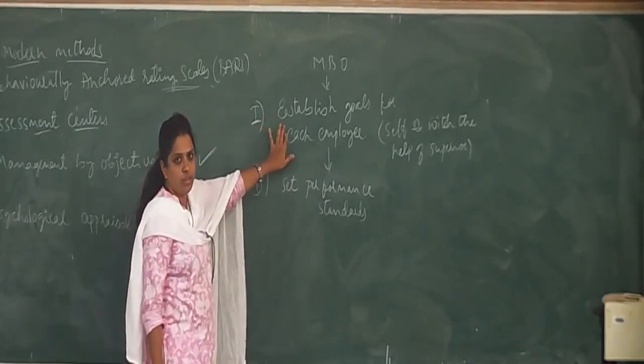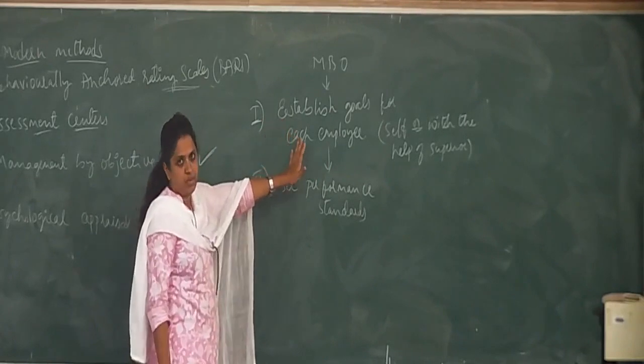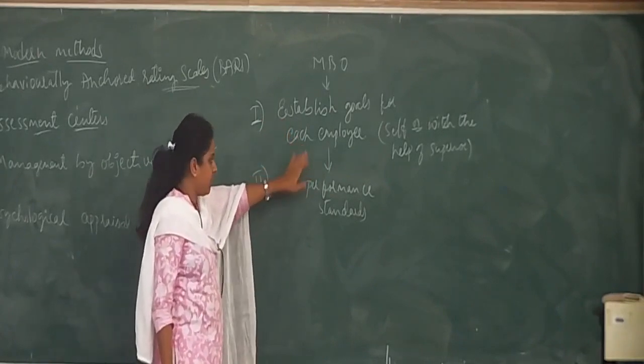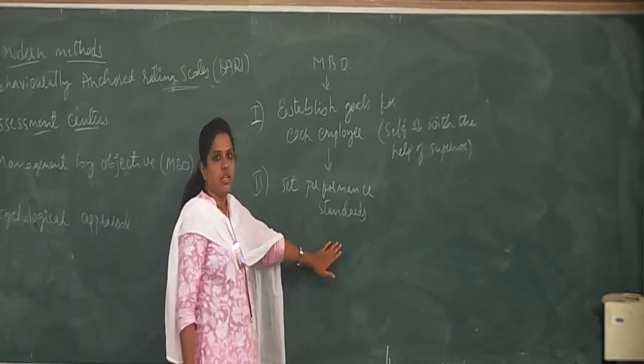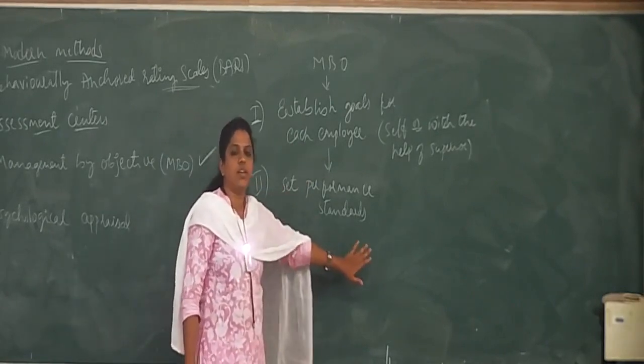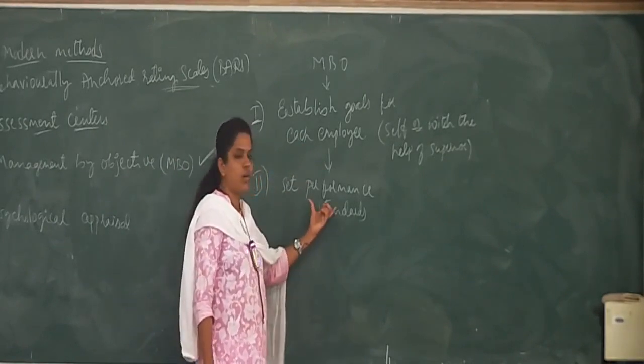Here the goal for that particular salesperson or marketing person is to do an extensive market survey. For that, what is his performance standard? He has to visit at least 7 to 8 places in a month. That could be his performance standard.